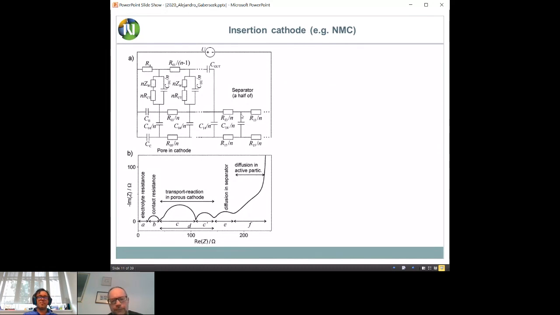And then here we have migration of one type of ions, the other type of ions. Here we have some double layers at the aluminum slurry contact, and here are chemical capacitances. So that's it. I mean, it looks rather simple.